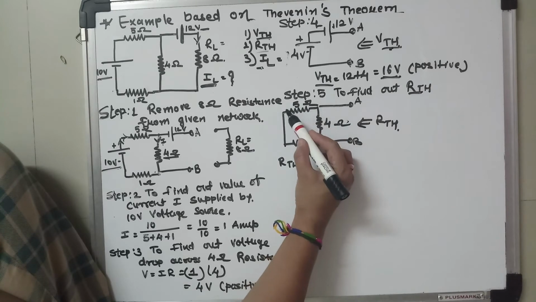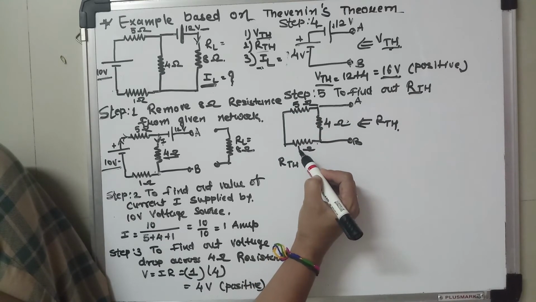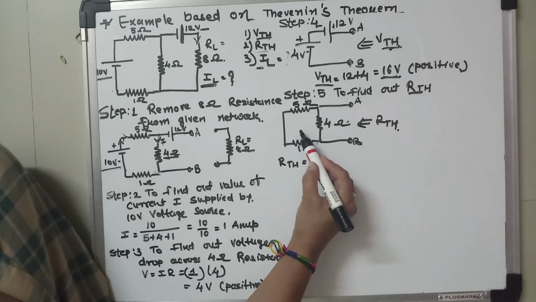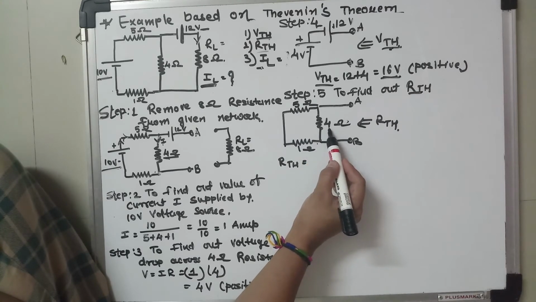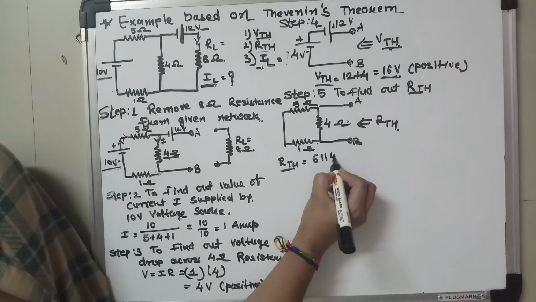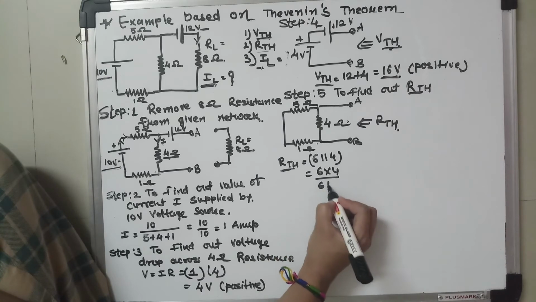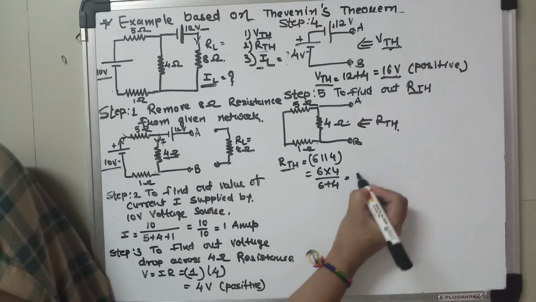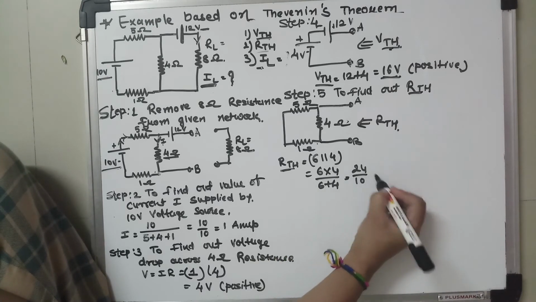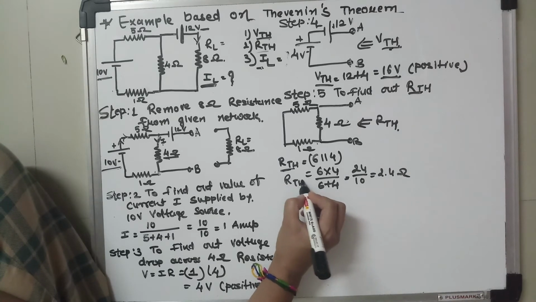Here 5 ohm is in series with the 1 ohm, so 5 plus 1 is 6 ohm, and that 6 ohm is connected parallel to the 4 ohm. So my RTH will be 6 parallel to 4. So 6 into 4 divided by 6 plus 4, that is 2.4 ohm. That is the RTH.